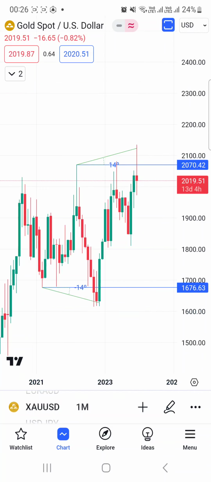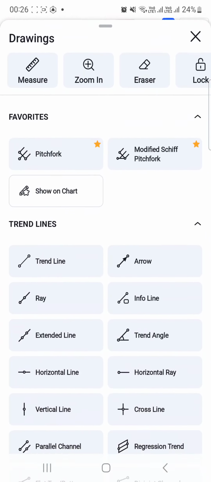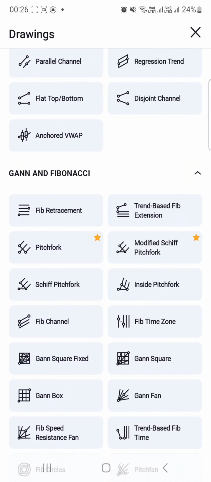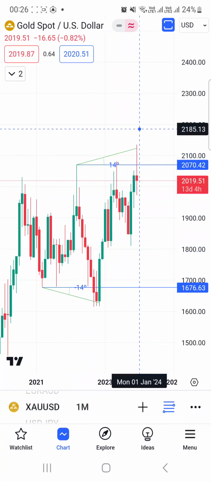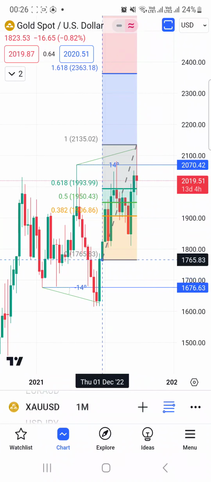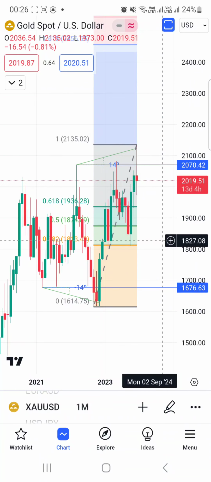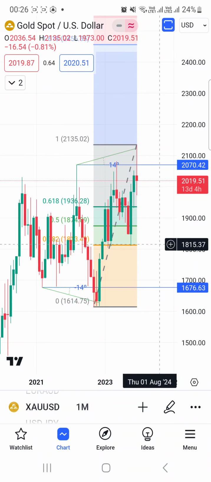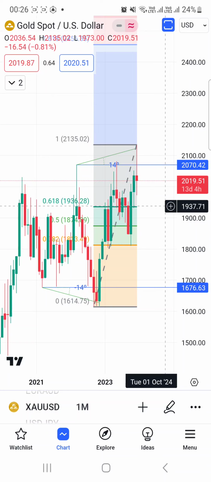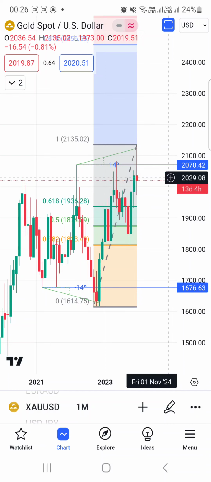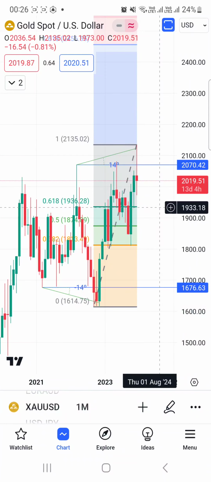Now let me draw Fibonacci chart. If you take a Fibonacci retracement and then draw between the price extremes, you see that this line, the price picked up earlier, has been testing its 0.65 line, and when price is making the final move from this pitchfork reference, 0.618 is another line.